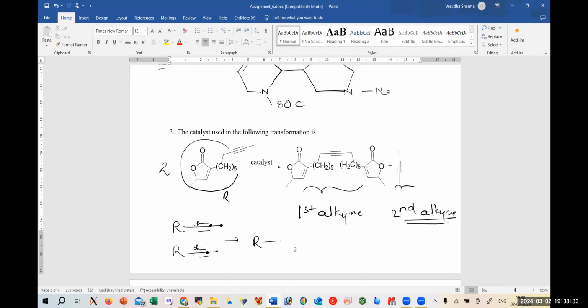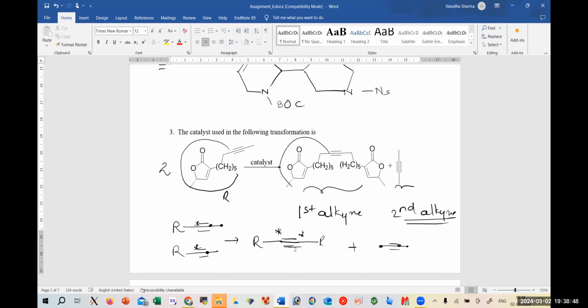So R triple bond R plus the dotted triple bond. Now if I consider this whole group as R, this is nothing but this group, and this C and CH3 is this group. So here it is nothing but a self metathesis, an alkyne metathesis reaction happening in the presence of the catalyst.